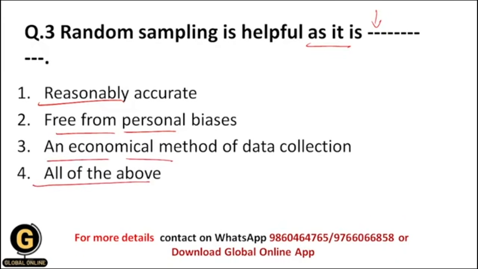So students, as I have told you earlier in question 2, within the random sampling technique we are going to select the samples randomly from the whole population, and that's why it is reasonably accurate, because we are selecting the samples randomly, so we don't know exactly whether we are going toward a specific characteristic or not. Basically here we can select all kinds of people from the target population, which include lots of characteristics, and that's why it is reasonably accurate.